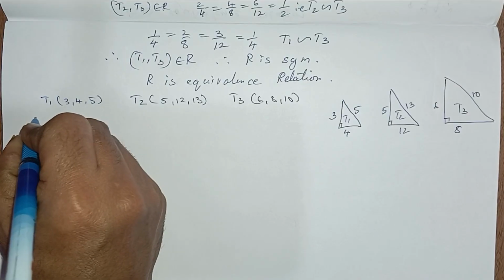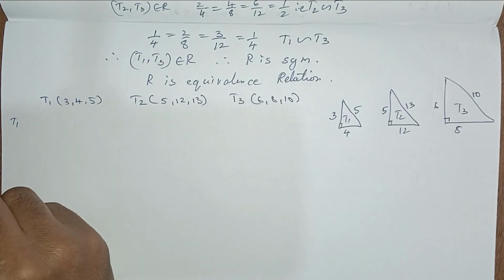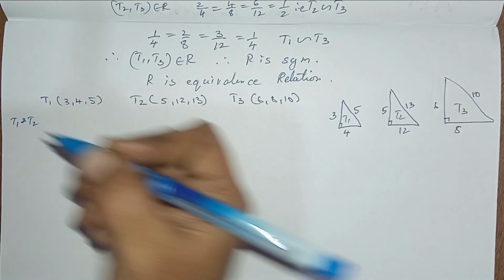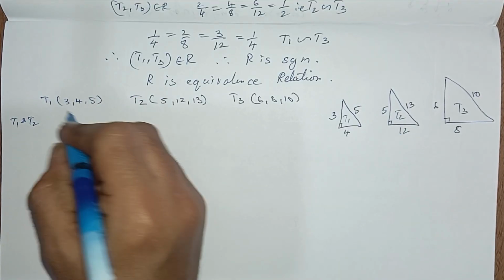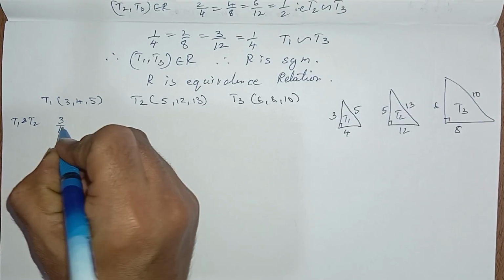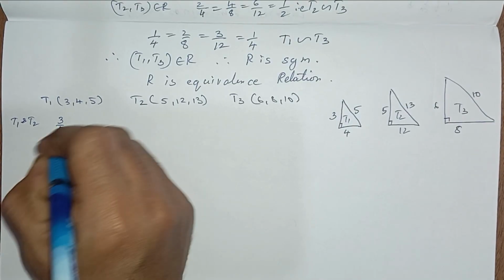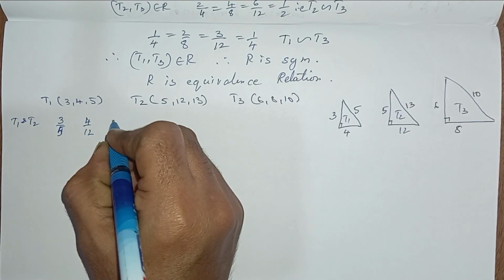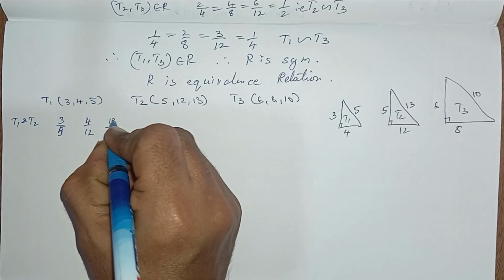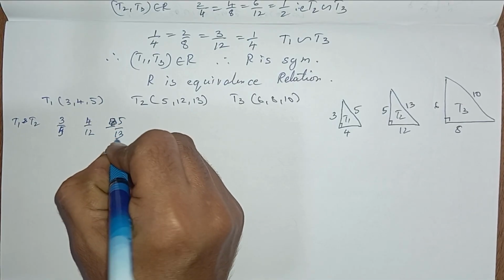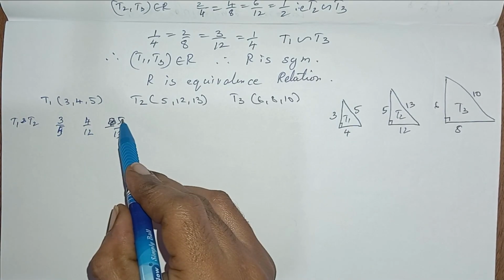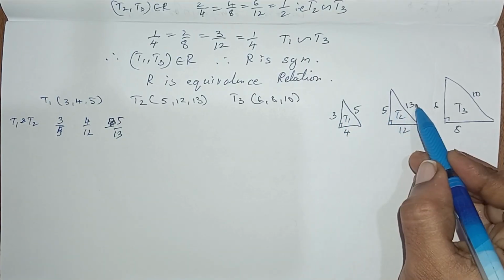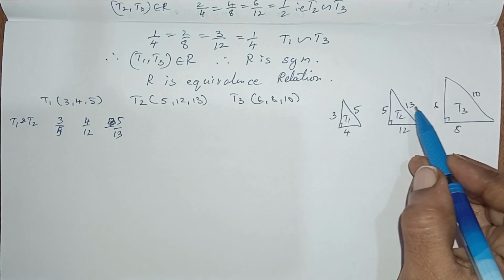So if we take triangle T1 with T2, I have 3 by 5, then 4 by 12, then 5 by 13.